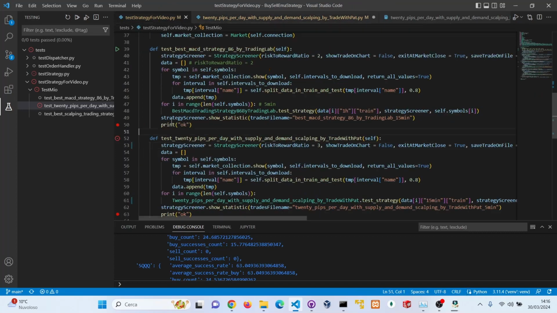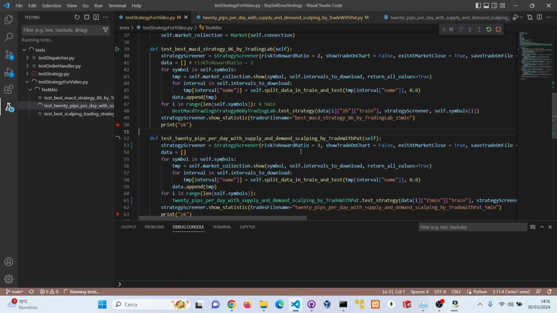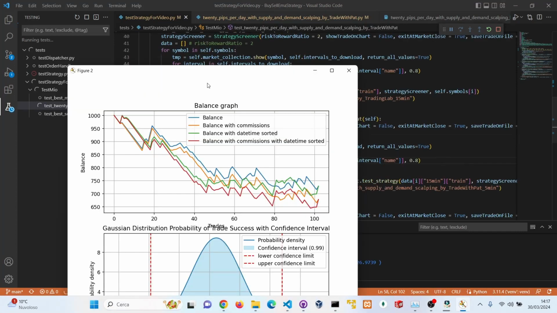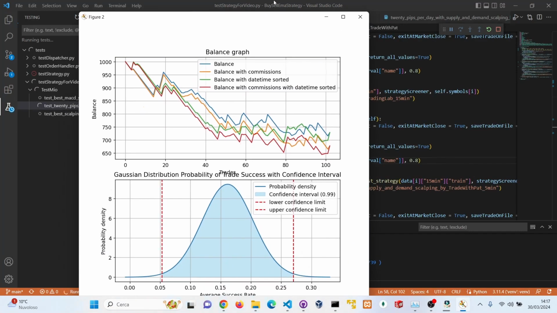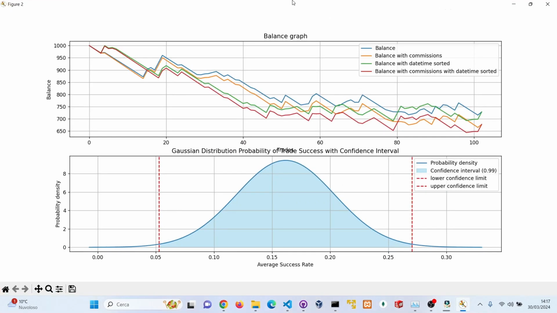So let's run the strategy with the basic conditions and see how it performs. Here is the balance graph, with commissions and without commissions, sorted by time. So you would have lost money basically.